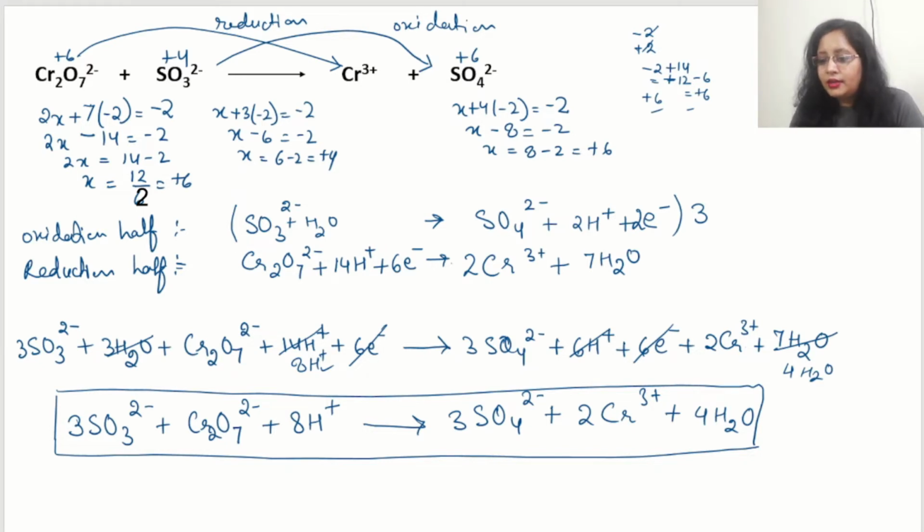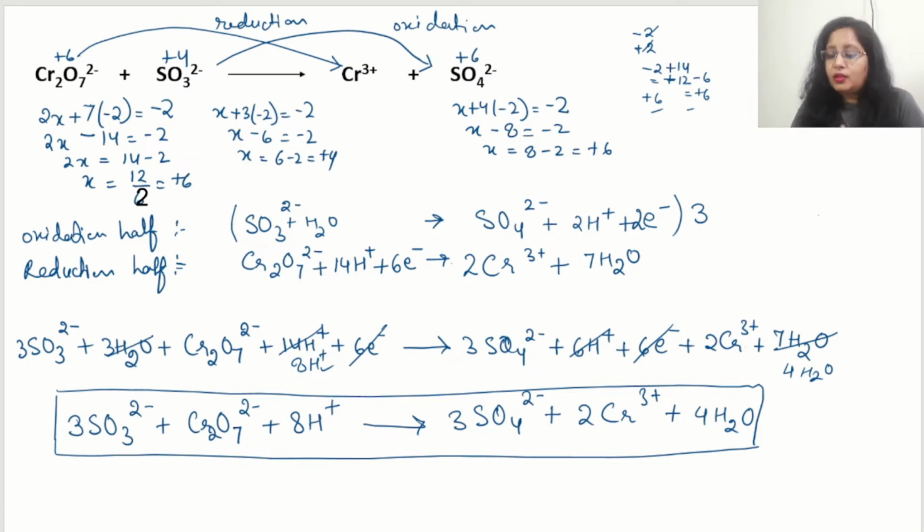Here in the right hand side 3 4s are 12 plus 4, 16. Then come up to hydrogen, 8 hydrogen on the left hand side, 4 2s are 8 hydrogen on the right hand side. After that check the electrons also, or we can say check the charge also.